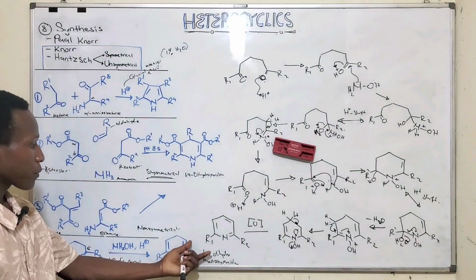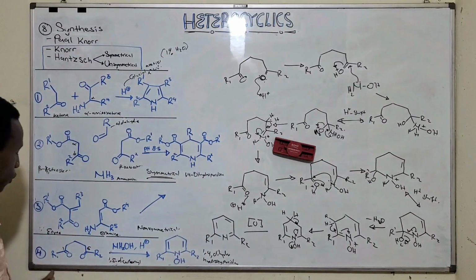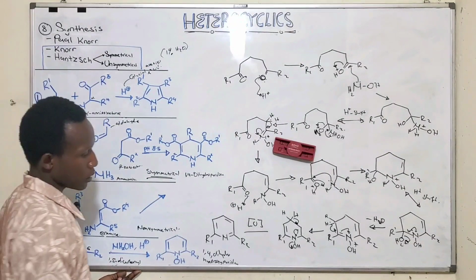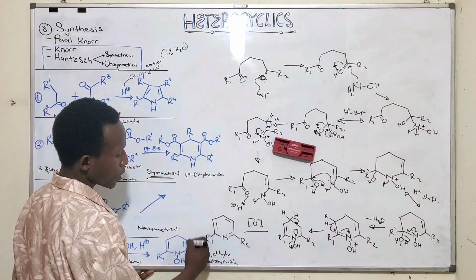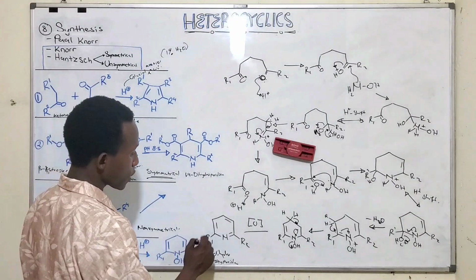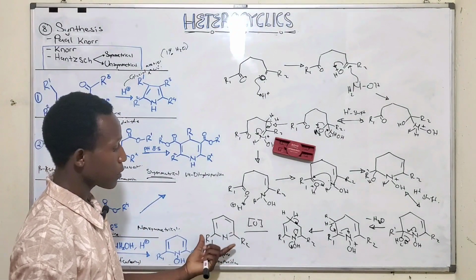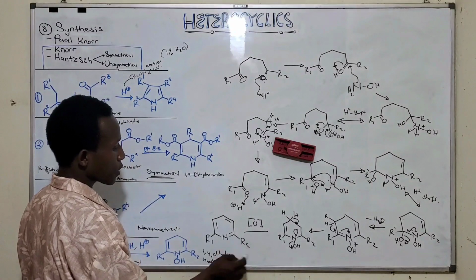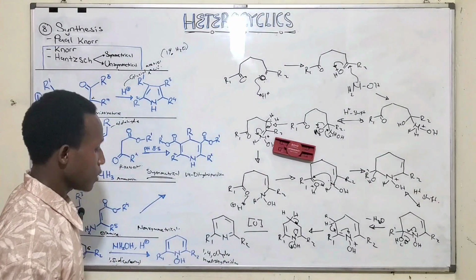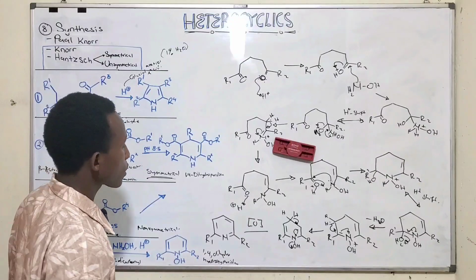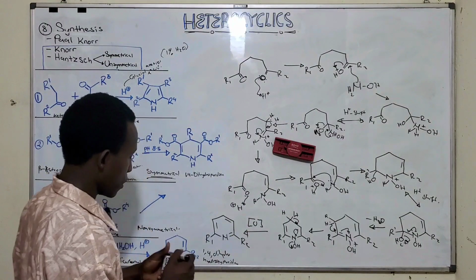So this is how we form pyridine from 1,5-dicarbonyl. These R groups can be any substituents. If it is just hydrogen, it becomes pyridine, which is unsubstituted. If they are substituted, it remains pyridine with substituents. So that's how the mechanism is.